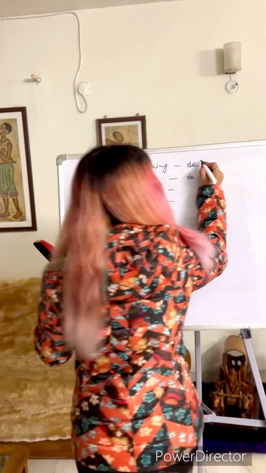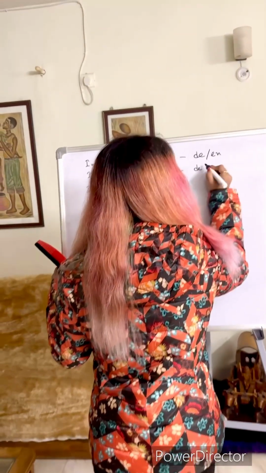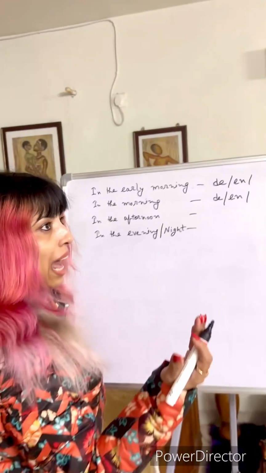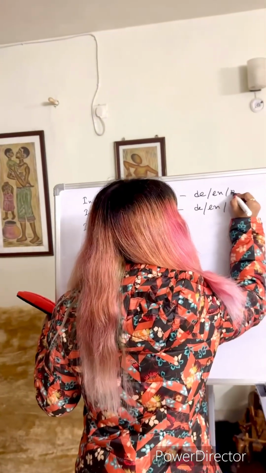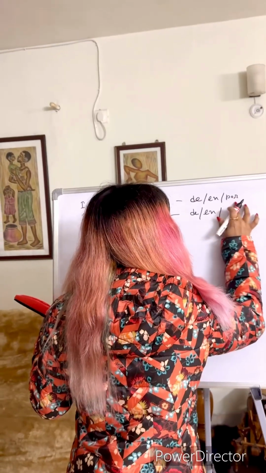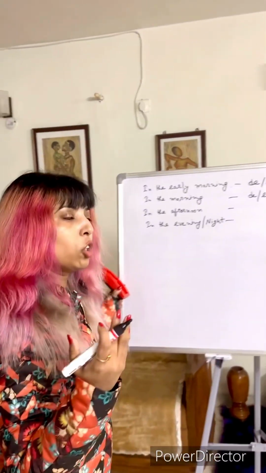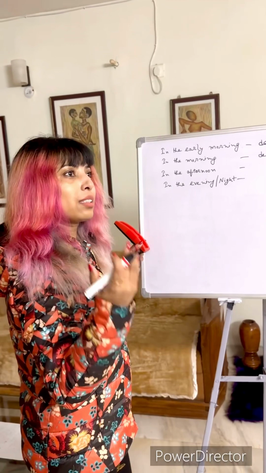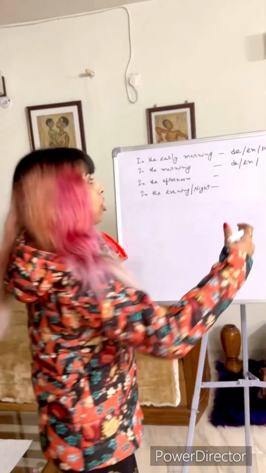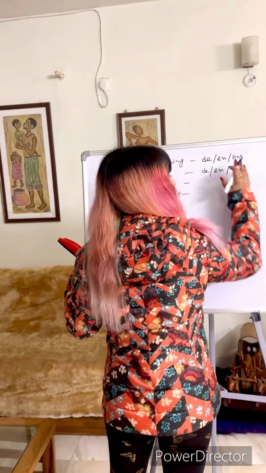So it could be en la, de la, and sometimes you can see por la, but there is a very thin line separating de and por. You use por when it is your regular thing, something you do every single day, then you are supposed to use por la.